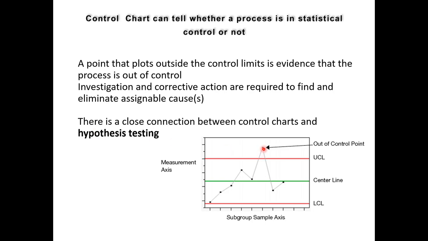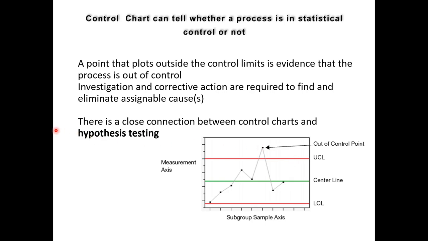So looking at this condition, we can say whether a process is in statistical control or not by looking at the position of those points. If they are within the two limits, then the process is in statistical control. Otherwise, we say that the process is not in statistical control.